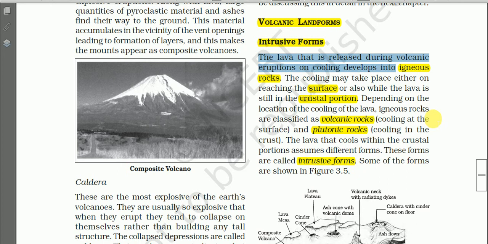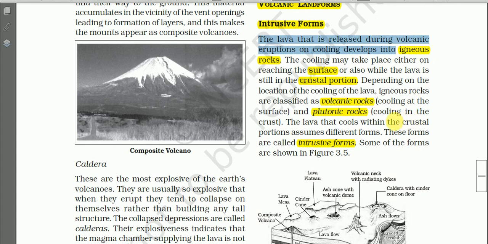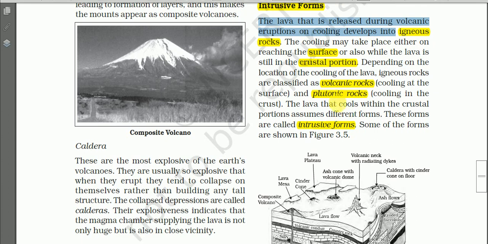Sometimes the lava is not able to eject on the surface and it is cooled down in the earth interior. Or when it is ejected on the earth surface, again it is also cooled down. And if the lava is cooled down in the earth interior and forms igneous rock, that is known as plutonic rock.